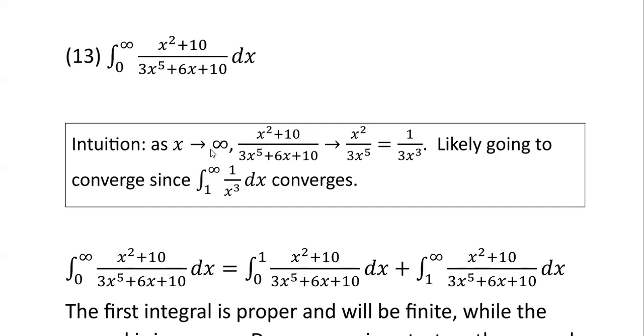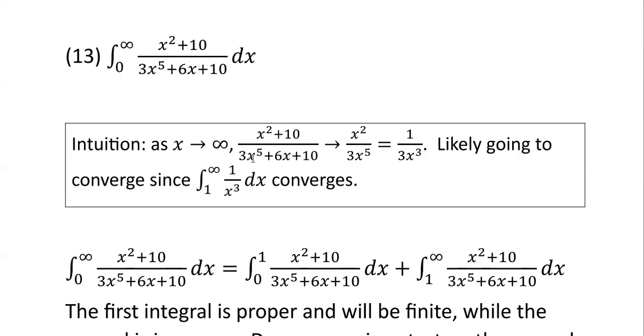As x approaches infinity, this rational function is going to behave very similarly to x squared over 3x to the fifth. You can imagine as x keeps growing, like x becomes 10 billion, 10 billion squared plus 10, who cares about that plus 10? It's really insignificant. Similarly, 10 billion to the fifth power, who cares about another 10? We're fifth powering 10 billion.